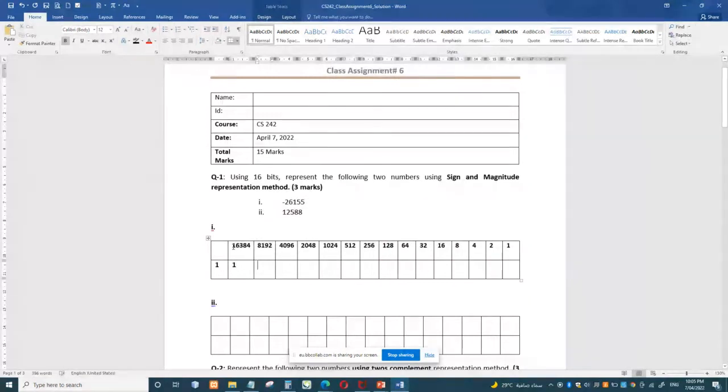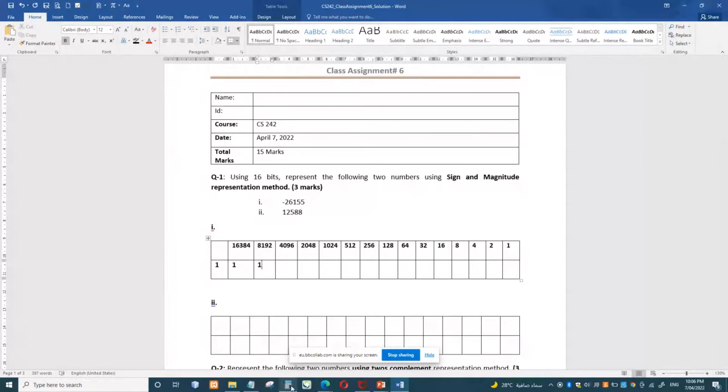Then definitely we can take the second one as well, 8,192. 16,000 plus 8,000 is 24,000, so we can easily take 8,192. So I'm taking that one as well.